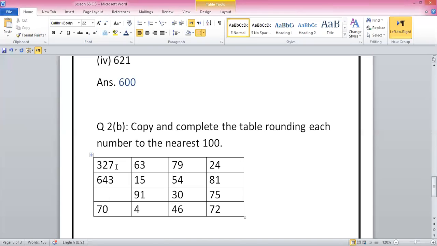Tell me column wise, down. First, 200. Oh my God, 309. Sorry.